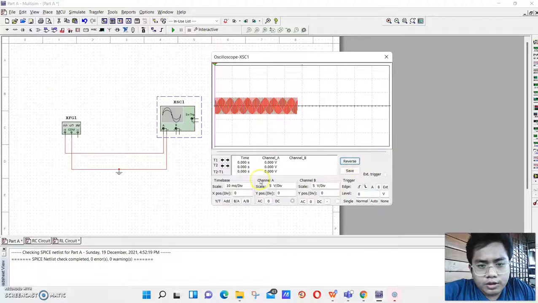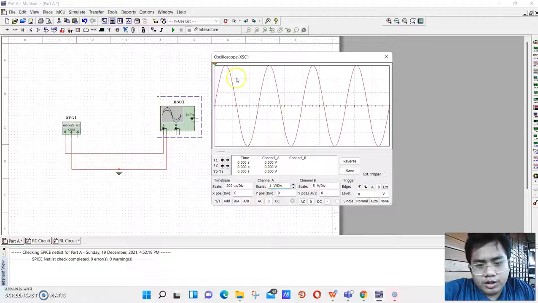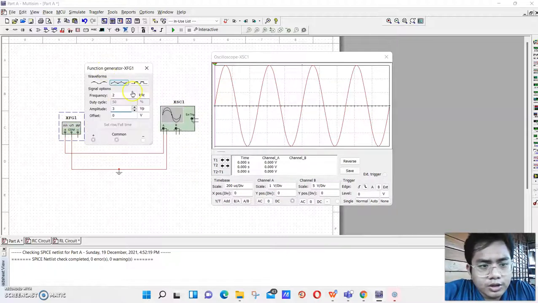We choose a small scale; I usually prefer to use 200 microsecond with one division. As we can see here, this is the sine wave, the output signal from this setting of 2 kHz and 3 V peak amplitude.